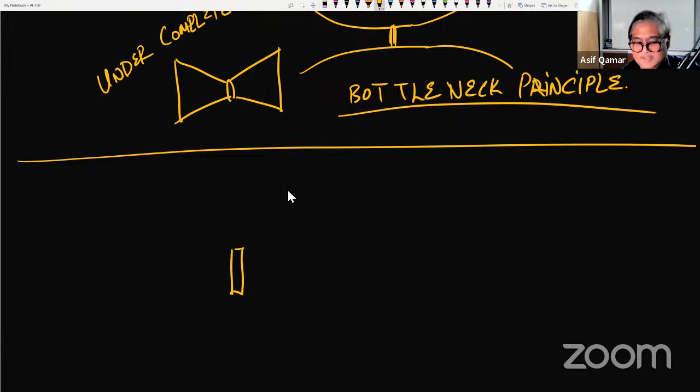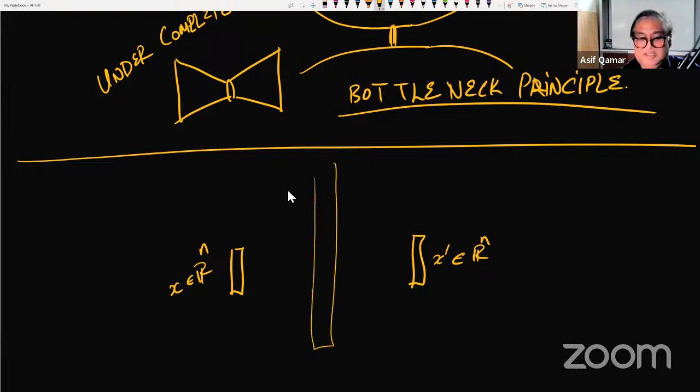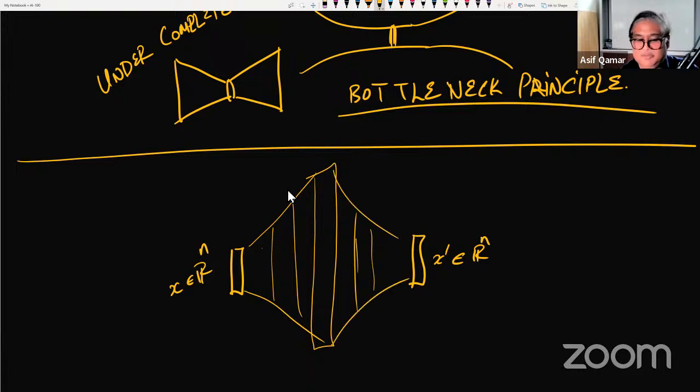This is input, this is output. Let's say that X belongs to n-dimensional space, X prime belongs to n-dimensional space, but you just said, oh, let's expand. And then, of course, you can have intermediate layers, doesn't matter. But basically, you telescoped out and then you telescope back in.